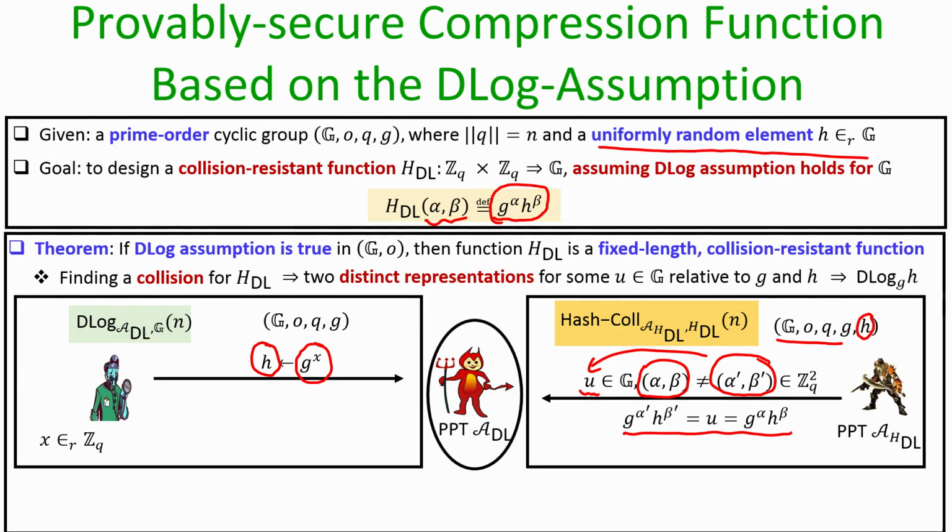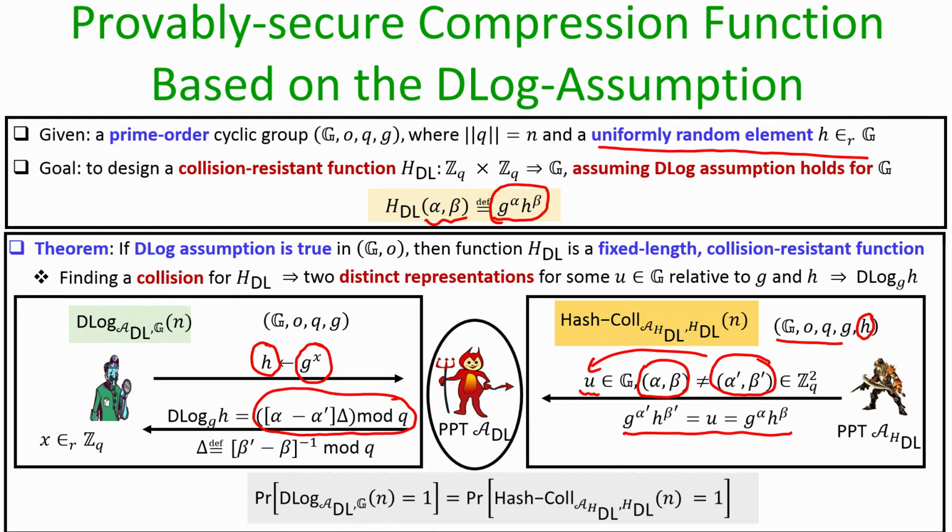So, now what this adversary A sub dl does is, as soon as it sees that adversary A H sub dl is giving a collision, by using the mathematics that we had seen in the last slide, it ends up computing the discrete log of h to the base g, namely it computes alpha minus alpha dash multiplied by the multiplicative inverse of beta dash minus beta modulo q, and you can see that the running time of the adversary A sub dl is exactly the same as the running time of adversary A H sub dl.